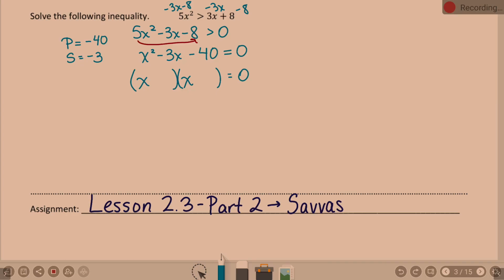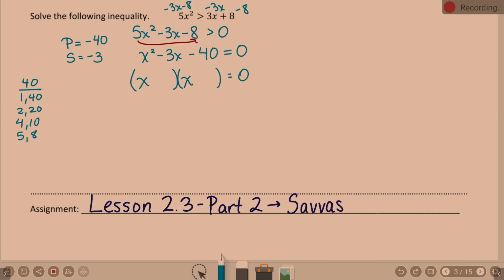1 times 40. 2 times 20. 3 doesn't go into 40, 4. 4 times 10, 5. 5 times 8, 6. Doesn't work. 7. Doesn't work.